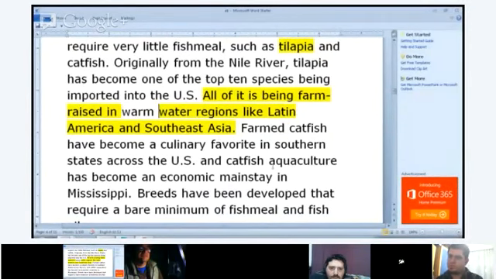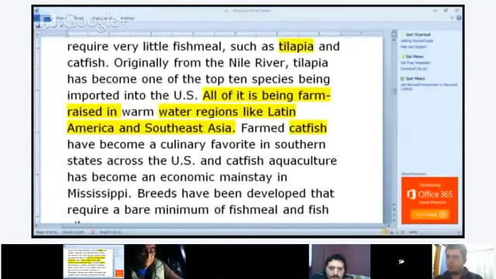Okay? And what are we talking about, catfish? What's catfish? Catfish is a freshwater fish. It looks like a cat. When you see the head of this fish, it looks like a cat face.